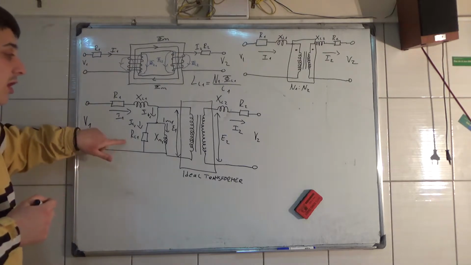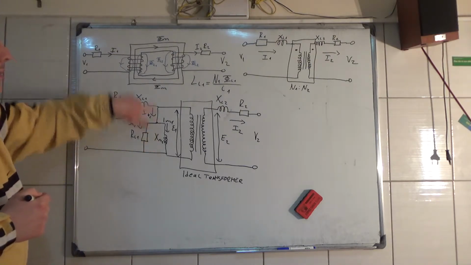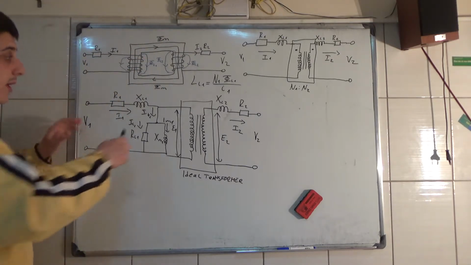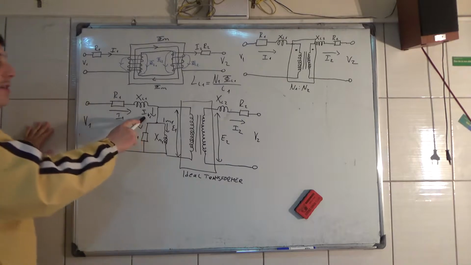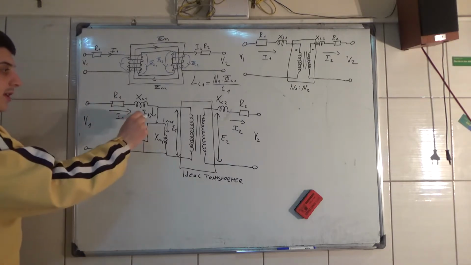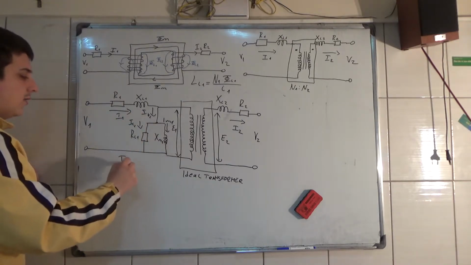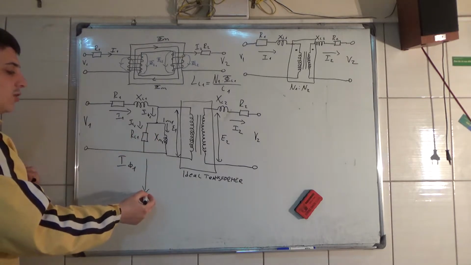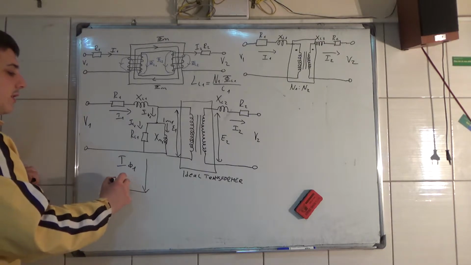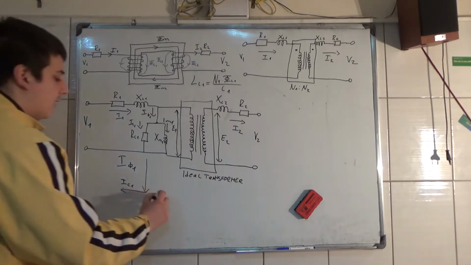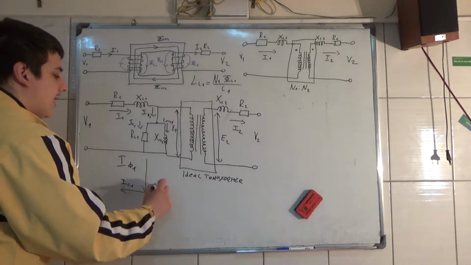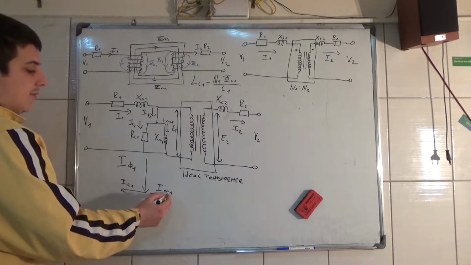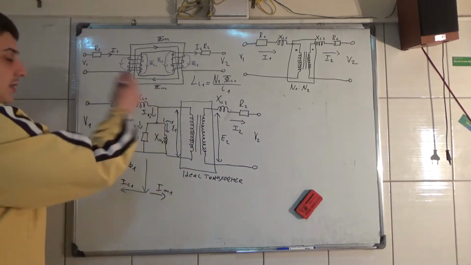So these are the core losses, and this is for magnetizing the core. And here we have I flux 1. So here is I flux 1 going like this, and it goes to other branches: I C1, and it goes to I M1. So this is the current for the core losses, and this is for magnetizing the circuit.